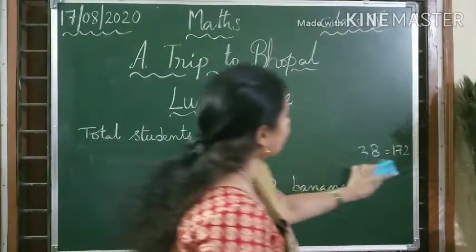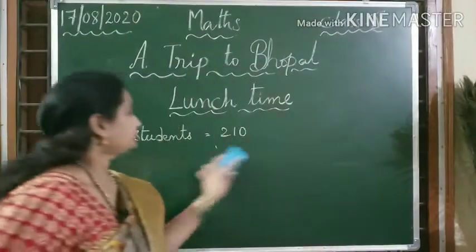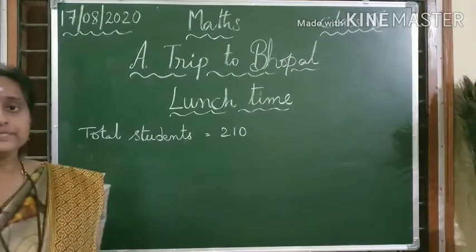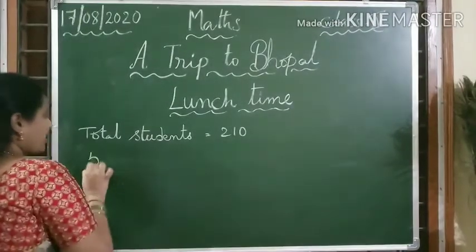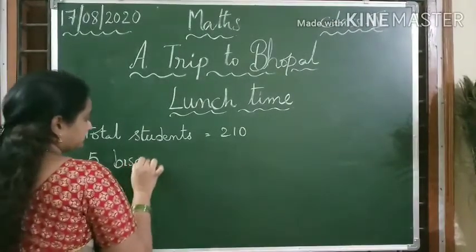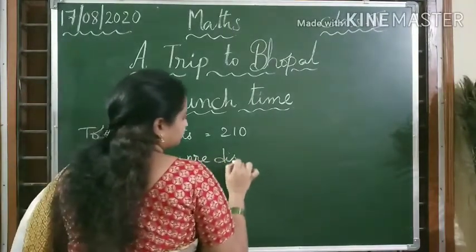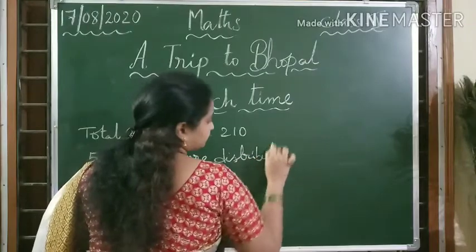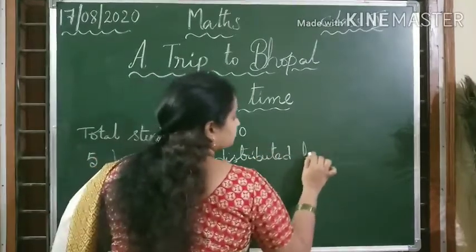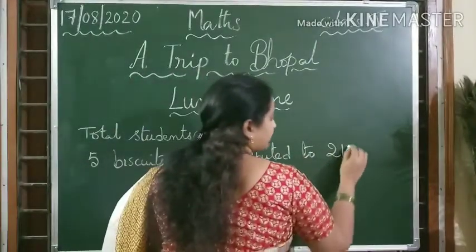Now, we need to find out how many biscuits were distributed. 5 biscuits were distributed to 210 children.